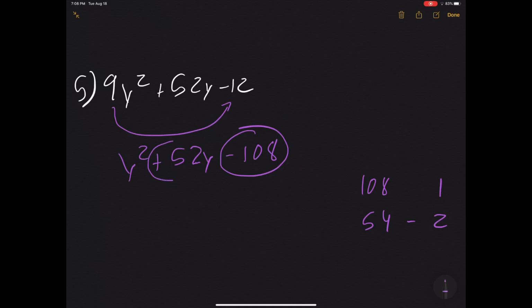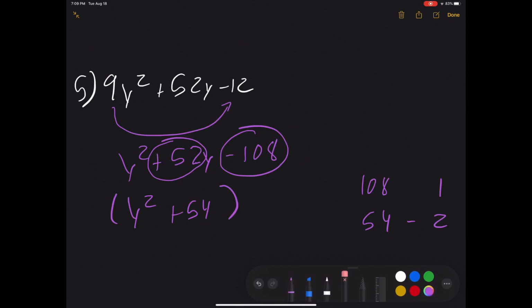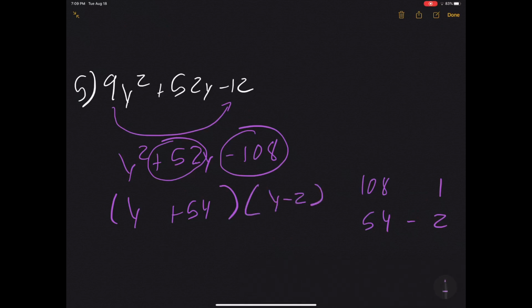And it has to be positive. The bigger number has to be positive again. So we get y squared plus 54, not y squared, just y, plus 54 times y minus 2. And we slid a 9 at first, so let's bring that 9 back. This is the divide part.